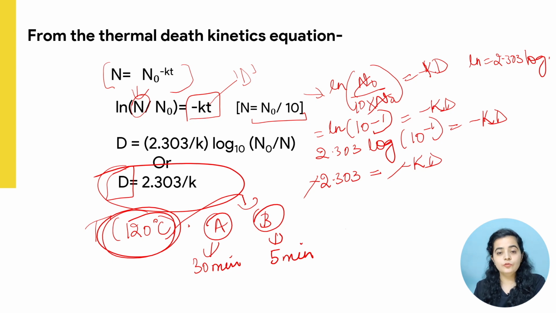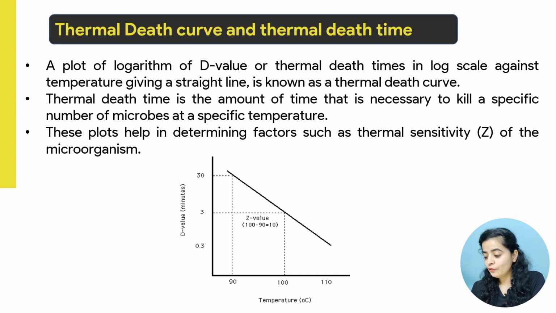Also, the D value forms a prerequisite for the next calculations of parameters such as Z value or F value. We'll see how. Now we have studied that D value is in time, so it gives a good representation of what proportion of your living cells is destroyed at a certain temperature.